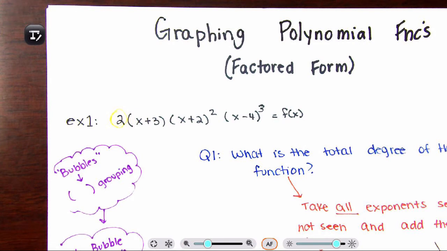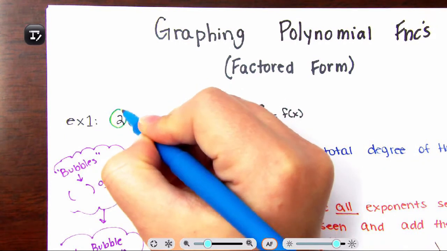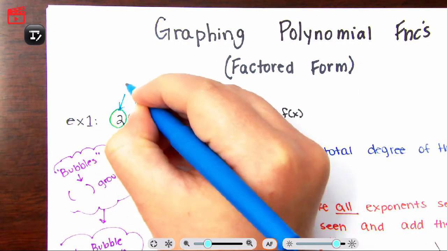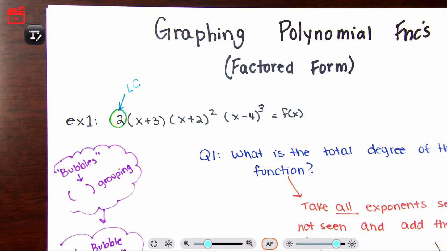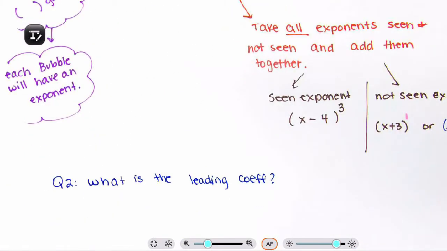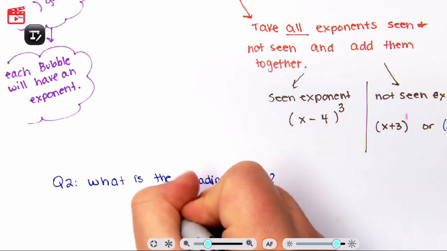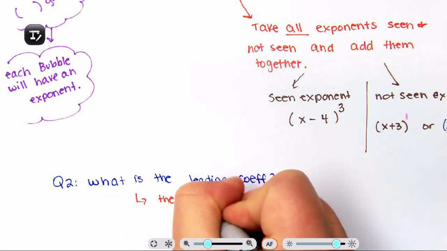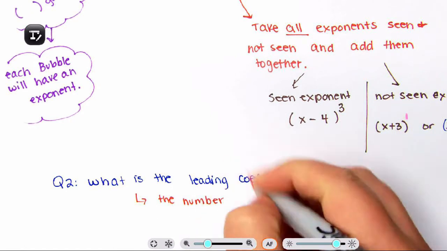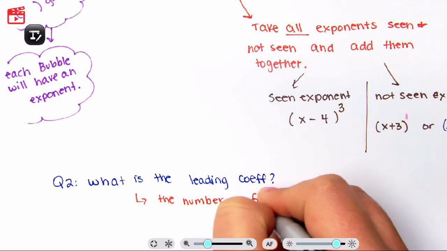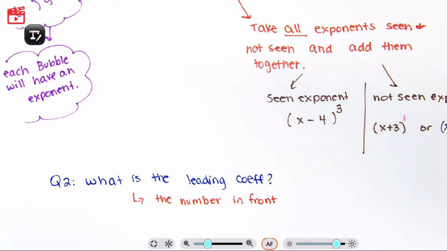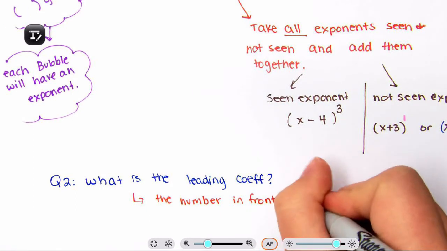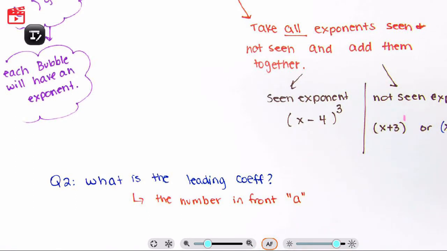Oh, that was bad choice of color, choosing yellow. Let's go ahead and choose a different color. Leading coefficient, LC, is the number out in front. So what is the leading coefficient? The number in front. And we can call this A if you would like to.